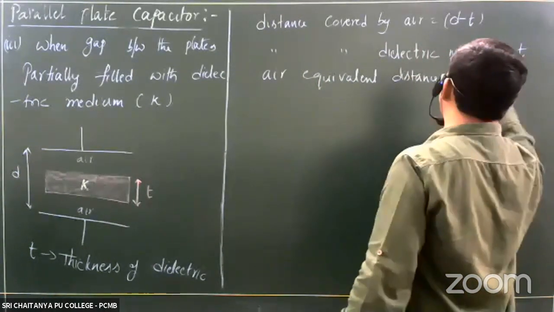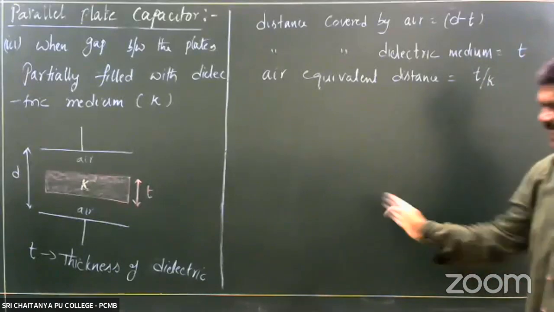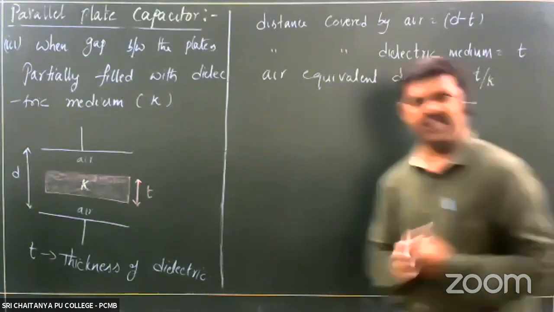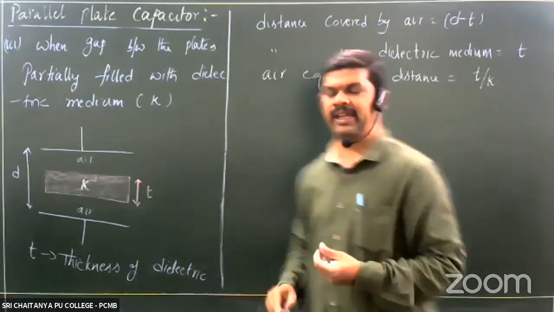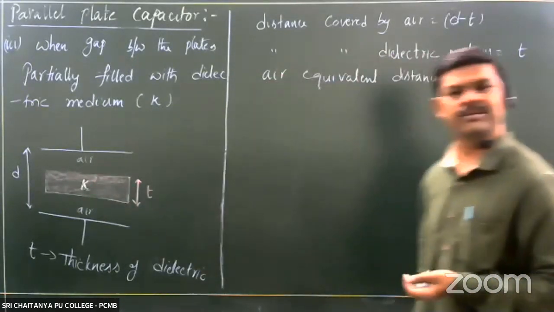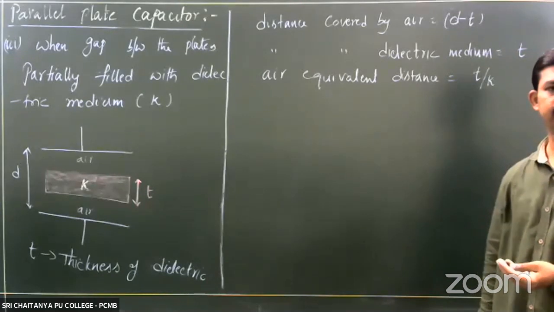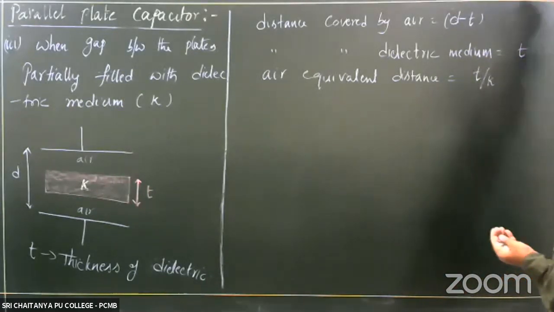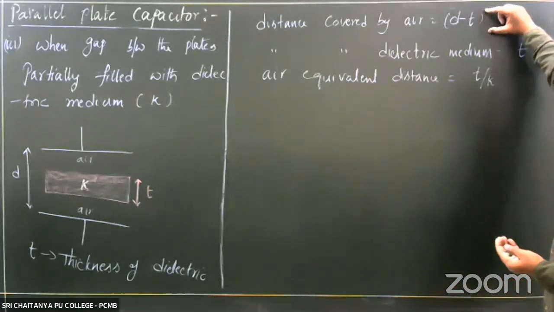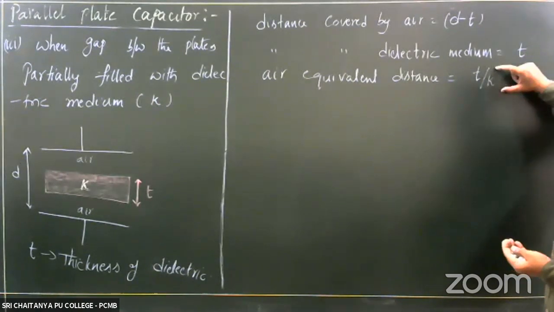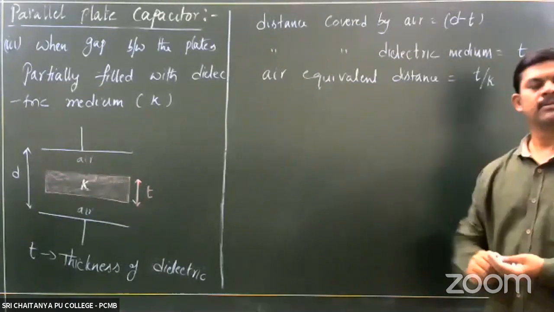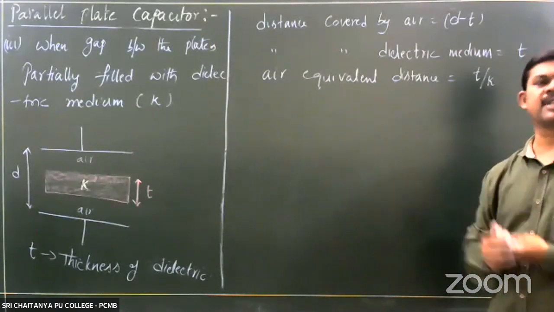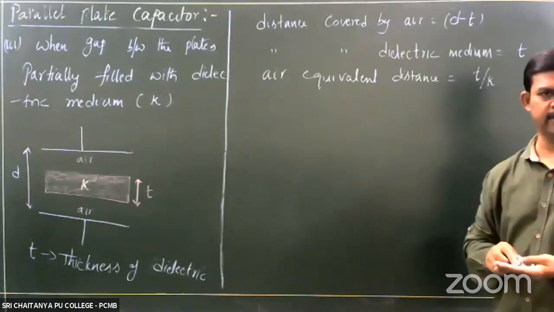Can I write T by K? Just now we discussed if a dielectric medium covers T distance, its air equivalent is T by K, right? Now this is the distance covered by air. This is the air equivalent of the medium. If I add these two, that gives the total distance covered by air only, right?